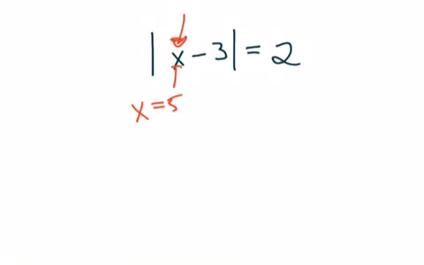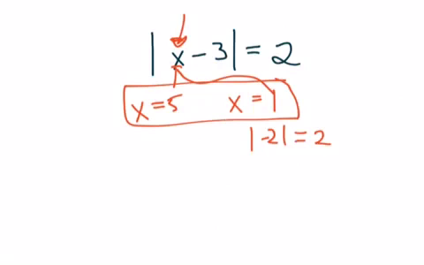Then we can also guess that 1 would make it true, because if you plug 1 in, 1 minus 3 is negative 2, and the absolute value of negative 2 equals 2. So it turns out that the answers to this equation are 5 and 1. But we don't want to solve every problem by guess and check, so there's got to be a better way.